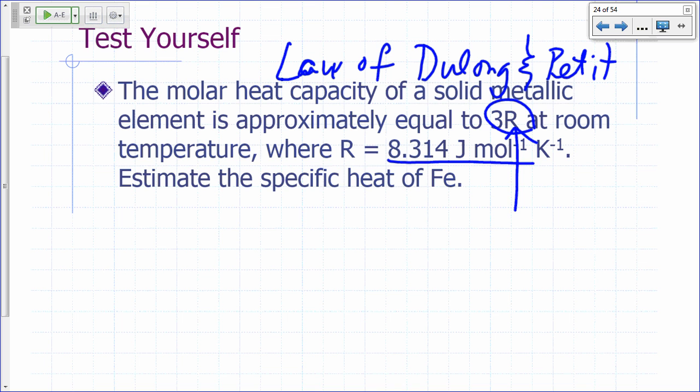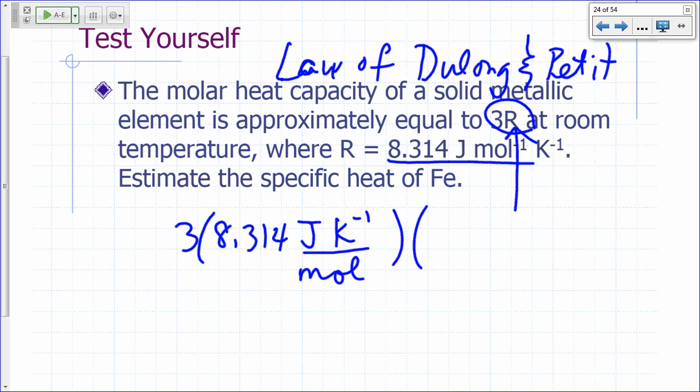So what is 3R? 3 times 8.314 joules per Kelvin per mole. If I want to make that per gram, what should I do? For iron, what's the molar mass of iron? 55.85 grams for 1 mole.